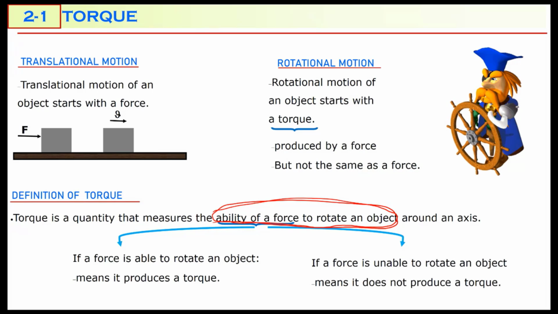But if a force is unable to rotate an object, this force cannot produce a torque. Now we will see in which cases a force can start rotation by producing a torque, and in which cases a force cannot start rotation, so cannot produce a torque.